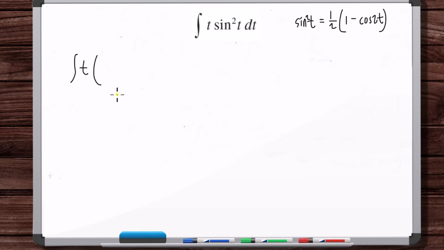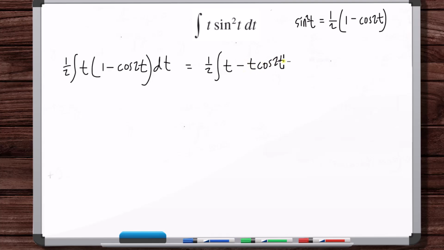So t, and then let's take out the 1/2, 1 minus cosine 2t dt. So this is t minus t cosine 2t dt. Okay, so I'm not sure if this helps us too much.